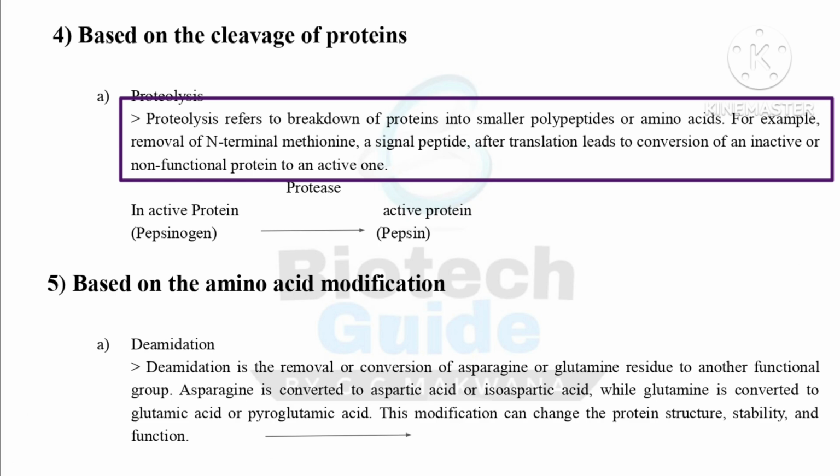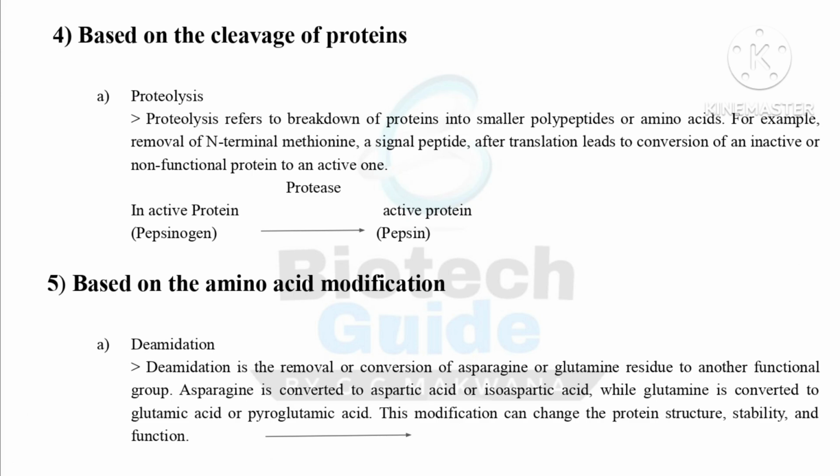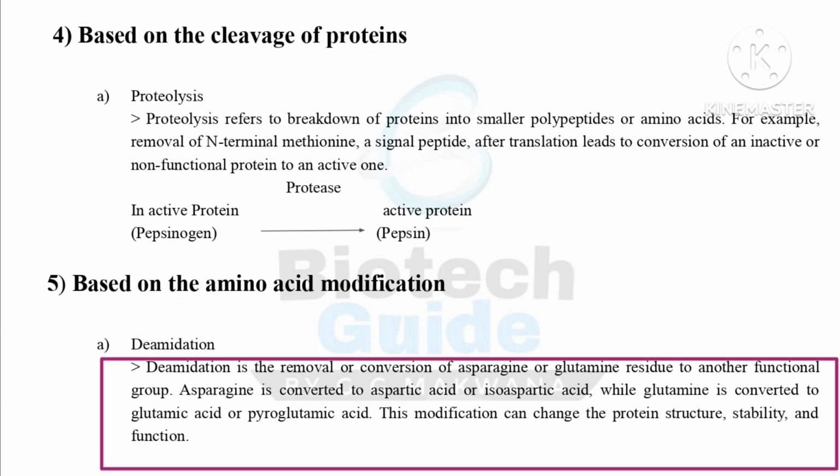Then last, based on amino acid modification, the deamidation process, where the mechanism is there but enzymes are not defined. Deamidation is the process of removal or conversion of an asparagine or glutamine residue to another functional group.